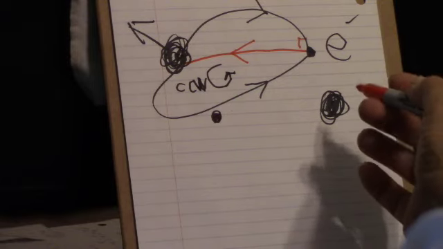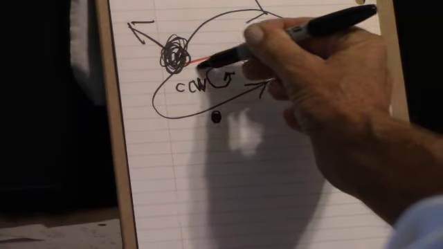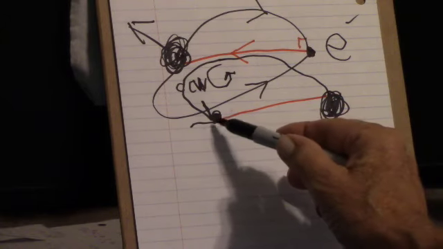So, in other words, we're going to have one coming out over here, and one going in over there. And then one that's not directly involved. Let's see, a black one.